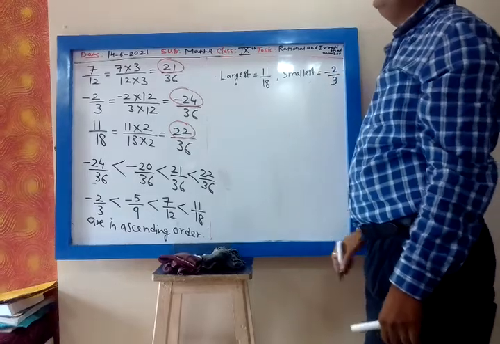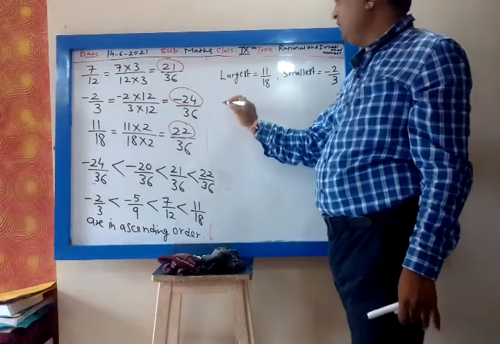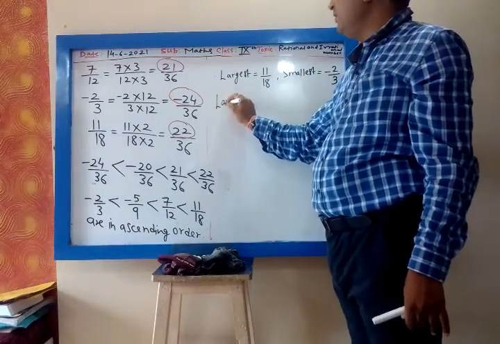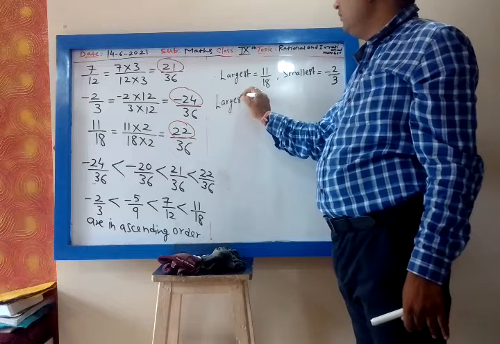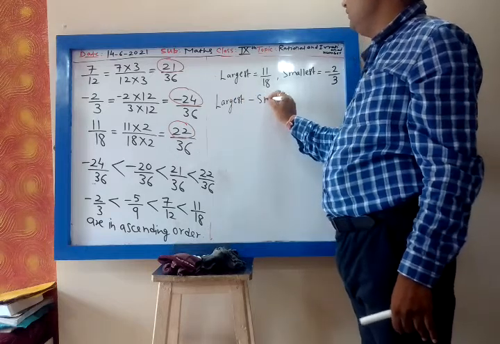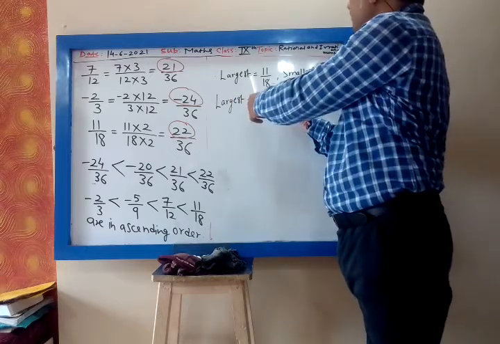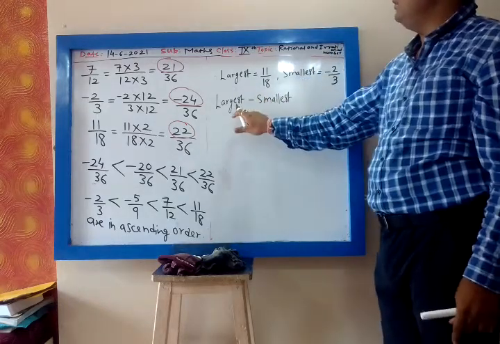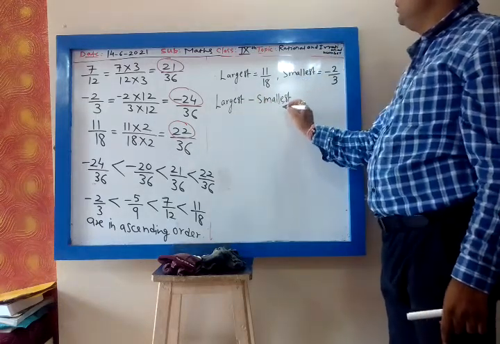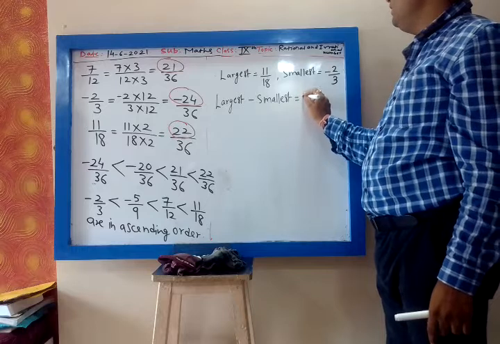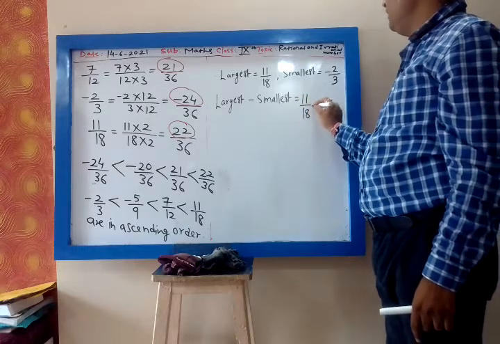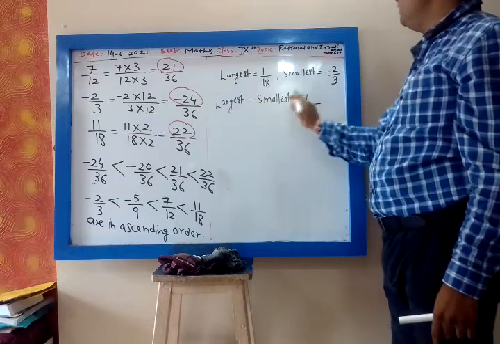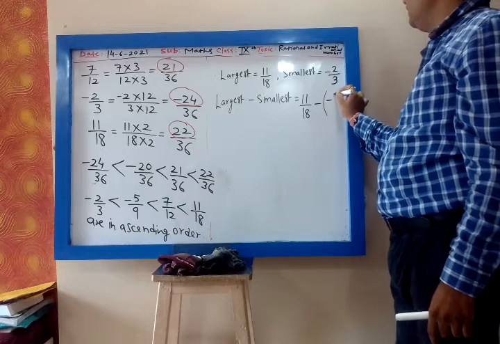Now we want to find the difference. Difference means subtraction, largest minus smallest. This minus sign denotes difference. Largest minus smallest means the difference of largest and smallest. So the largest number is 11 by 18, then minus the smallest number, minus 2 by 3.